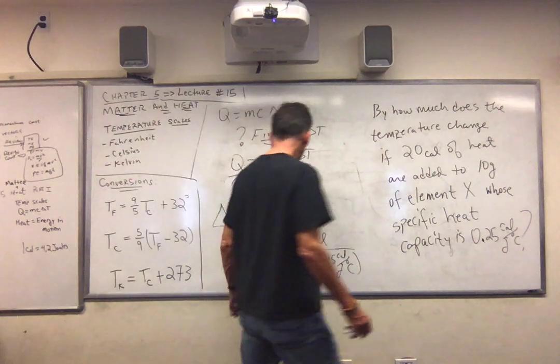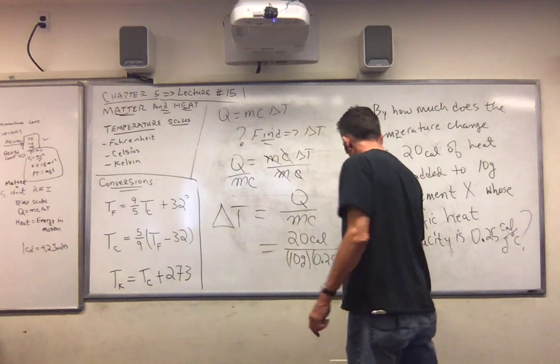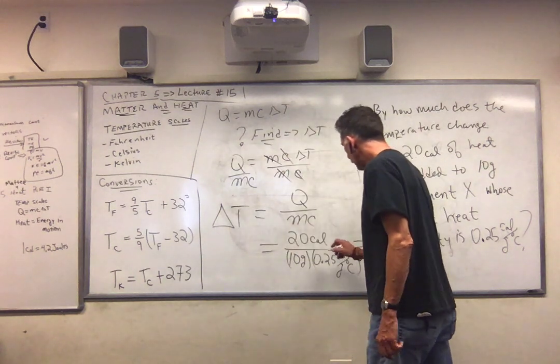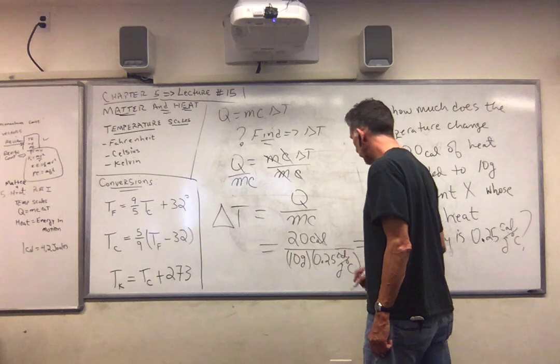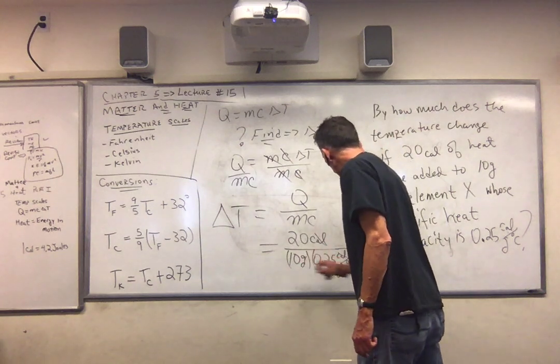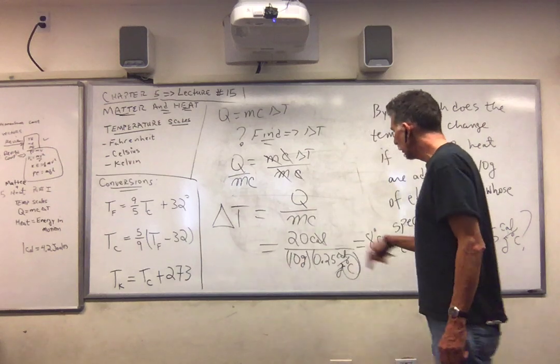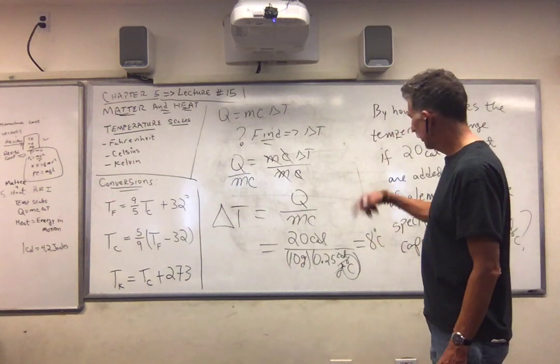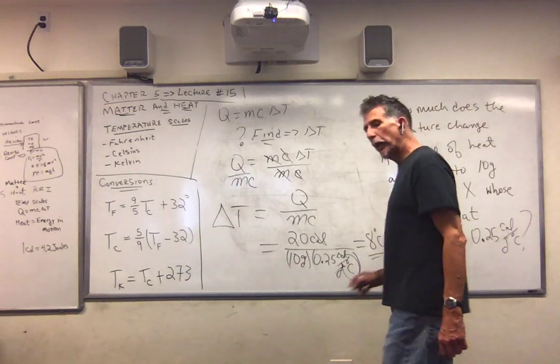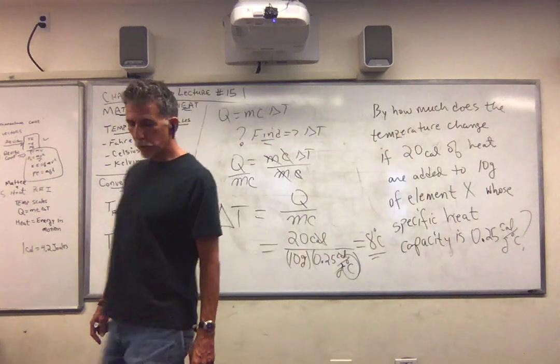Is that 8? Is the answer 8? 8. Notice calories go out, grams go out. We're left with degrees C. So I think 8 degrees C. So 8 is the temperature change.